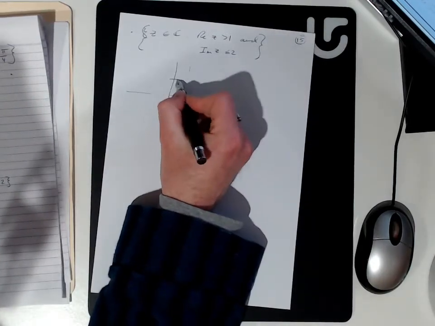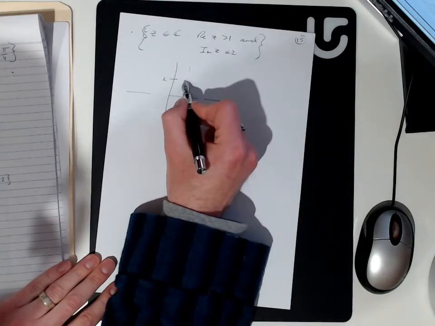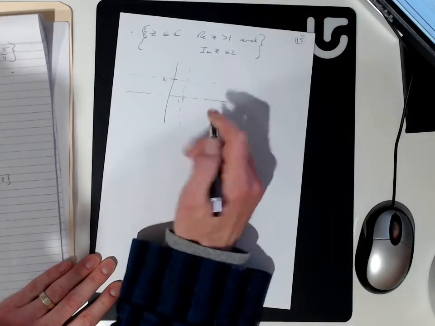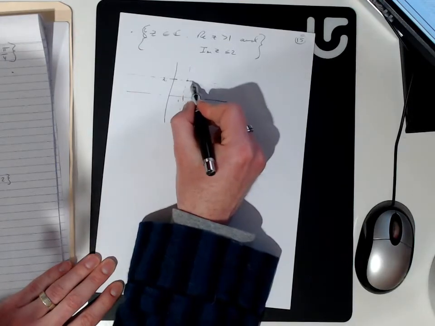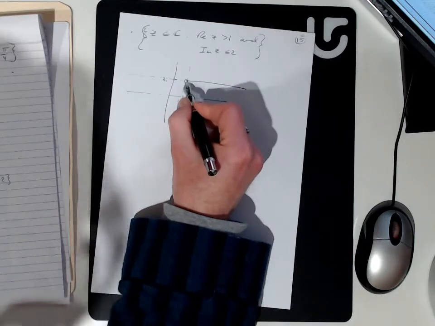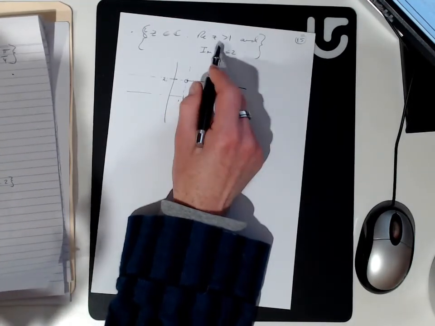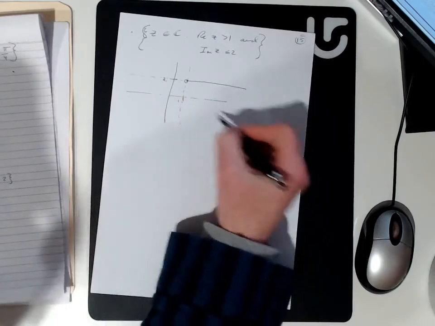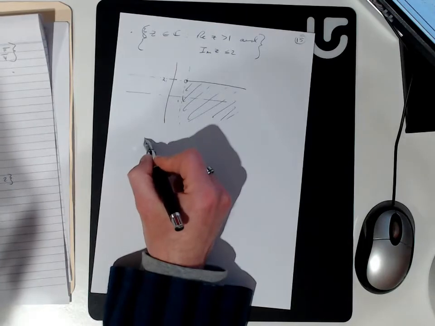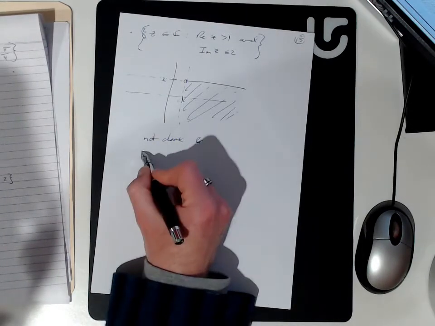And there's 2i, so we know we have to be less than or equal to this, so let's put that in. I'm going to put an open circle there, because the point there will be less than or equal to 2, but it won't be strictly greater than 1. So we're everything in here. And as before, not closed, and not open.